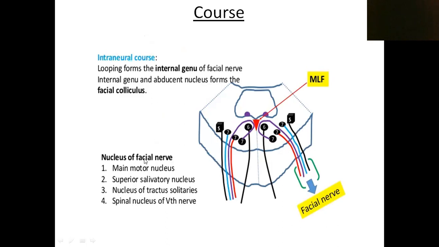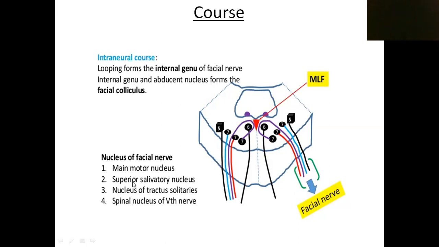This facial nerve's fibers arise from four nuclei: the motor nucleus, superior salivatory nucleus, nucleus of tractus solitarius, and spinal nucleus of trigeminal. Imagine these are the four nuclei.